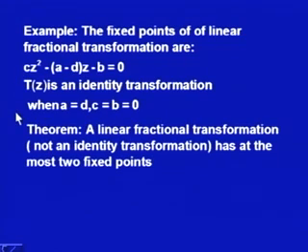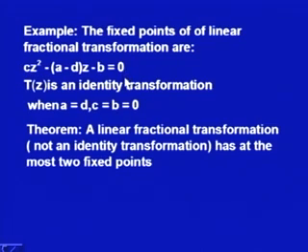On the basis of this we establish a theorem that a linear fractional transformation which is not an identity transformation has at most two fixed points. One can notice that if this condition is not satisfied, that is, it is not an identity transformation, then the fixed points are given by this quadratic, and this quadratic gives us only 2 points.